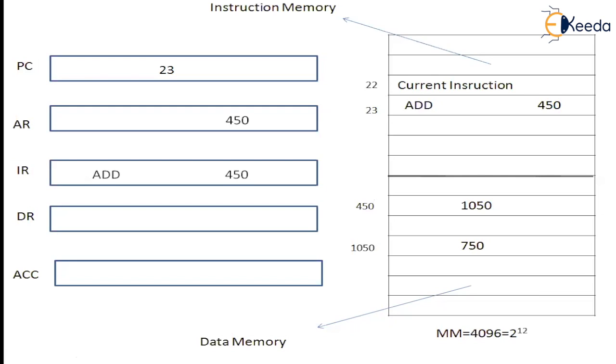The moment the address is communicated, immediately the operand will be transferred to the data register, because the located address now contains an operand. The data element is not an instruction anymore. So it will get transferred to the data register.